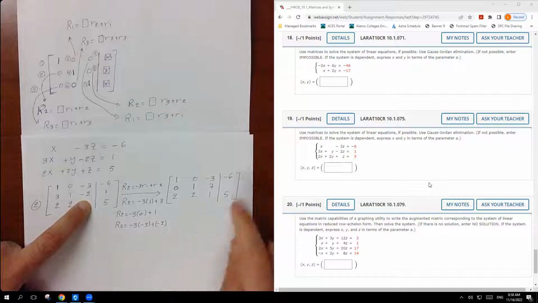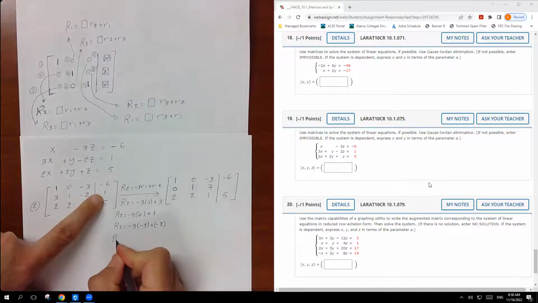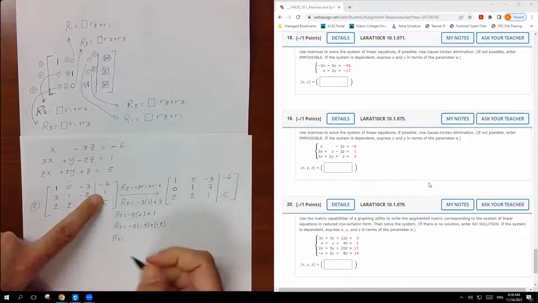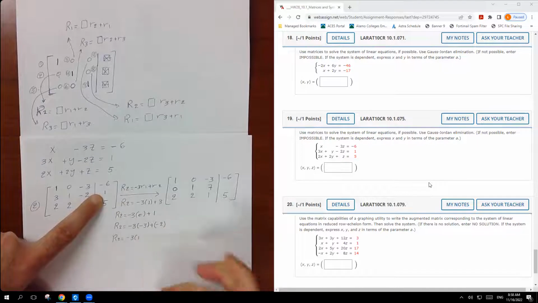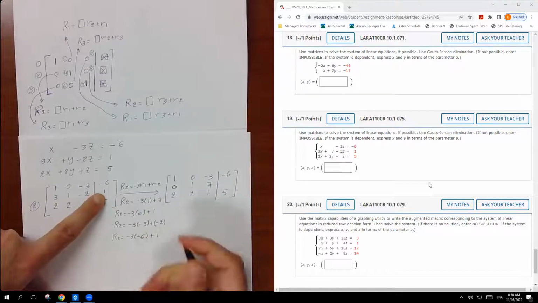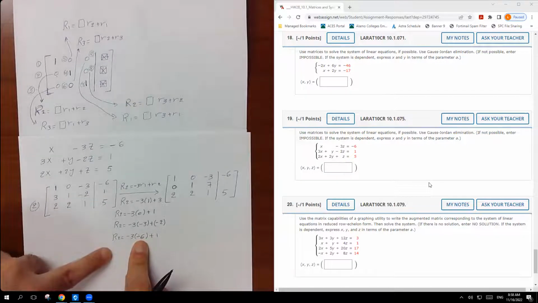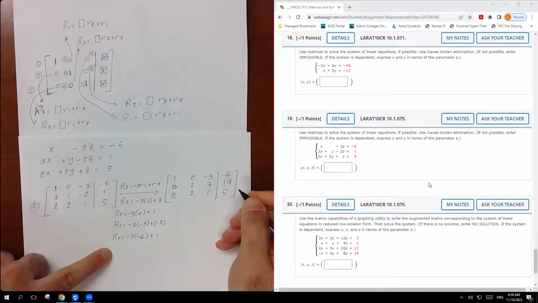You have to keep going on the next one here. The next element on R2 is going to be -3 times -6 plus R2, which is 1. So -3 times -6 is going to be positive 18. Positive 18 plus 1 is going to be positive 19.